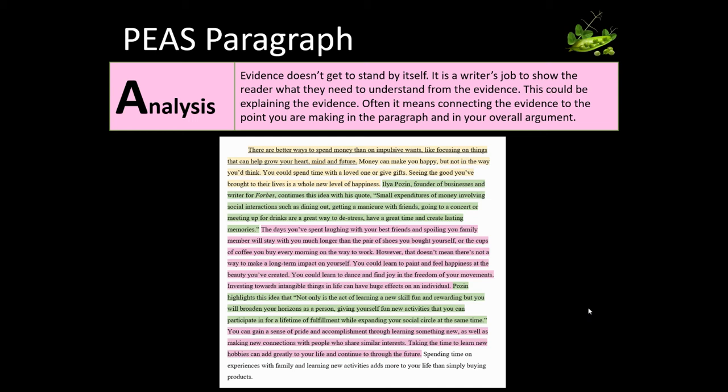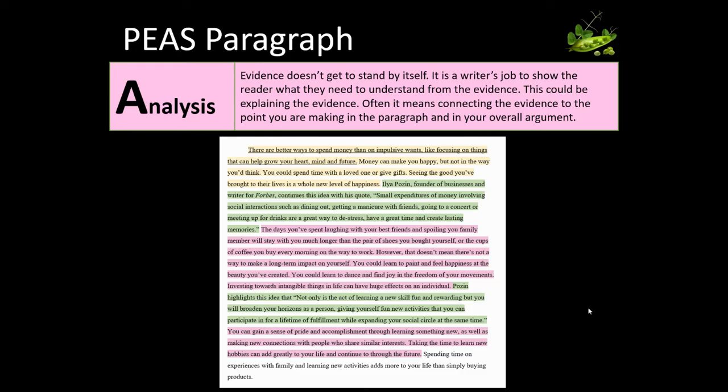You have to give the evidence, and then it's the writer's job to show the reader what they need to understand from the evidence. This could be explaining the evidence. Often it means connecting the evidence to the point you're making in the paragraph and the point you're making in your overall argument.